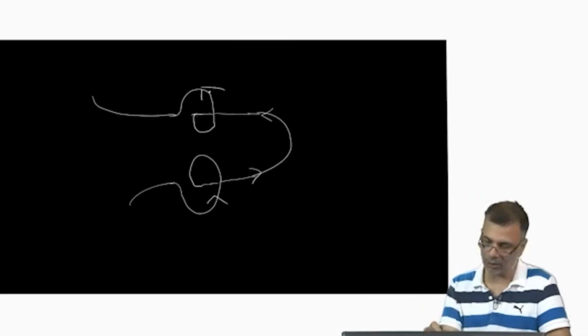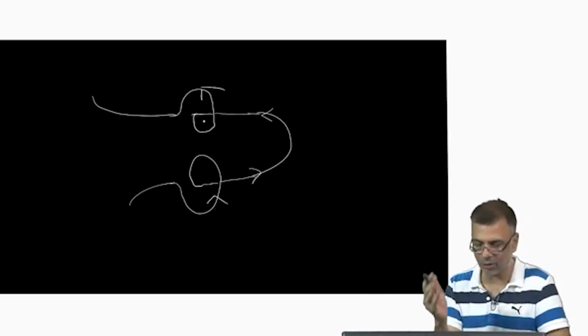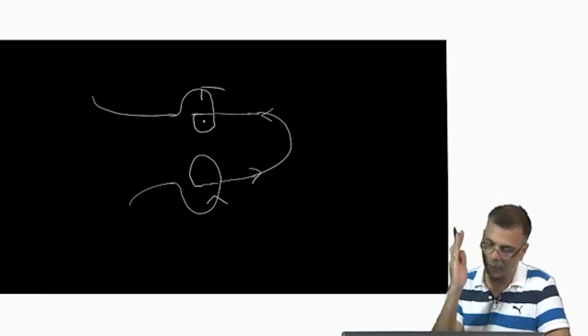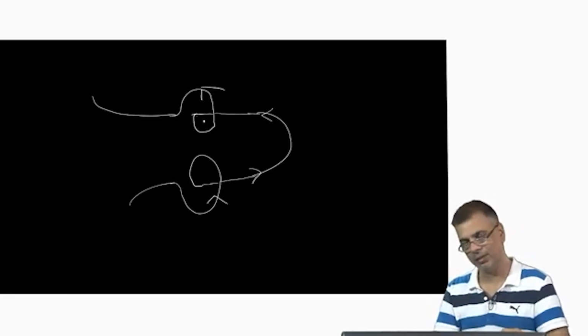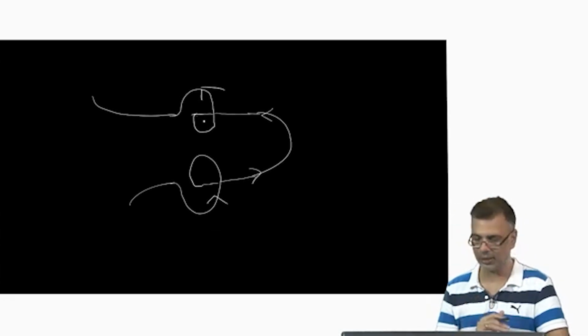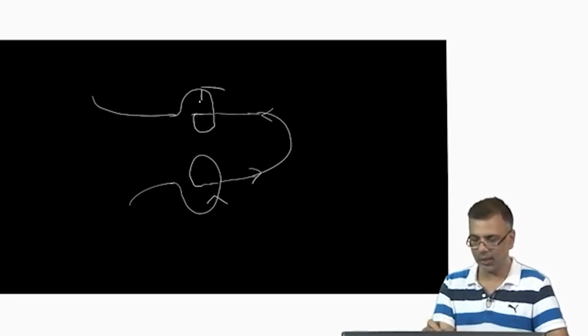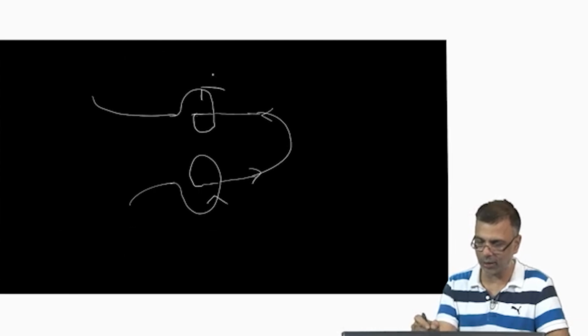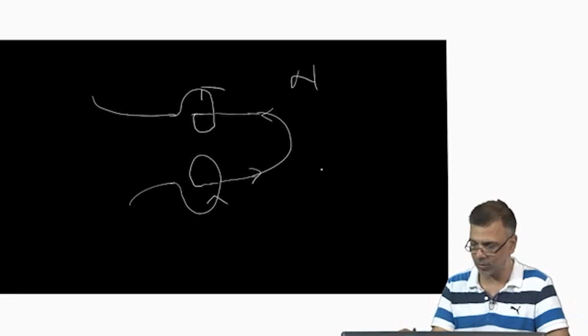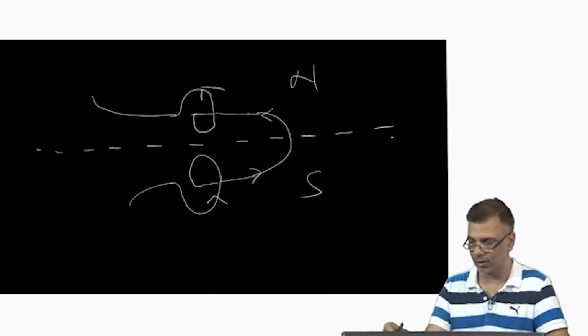Remember, these rolls are in a plane perpendicular to the plane of the screen, in the meridional plane. This is very important to realize. The handedness: you see this one is pointing this way and the rolls are this way, and this one on the other hand is pointing the other way. So this would be the north hemisphere, this would be the south hemisphere, and this is the equator.